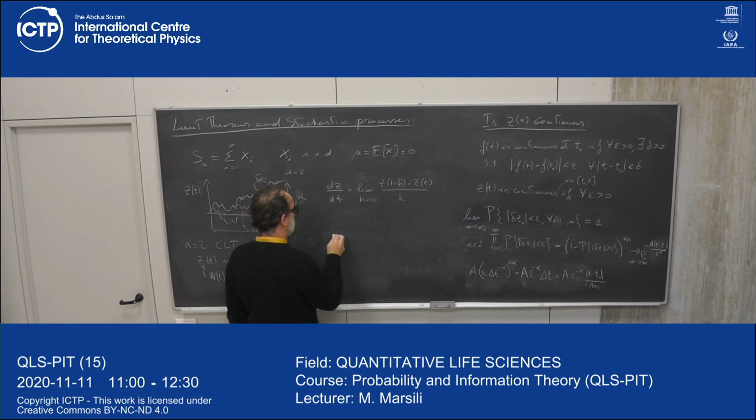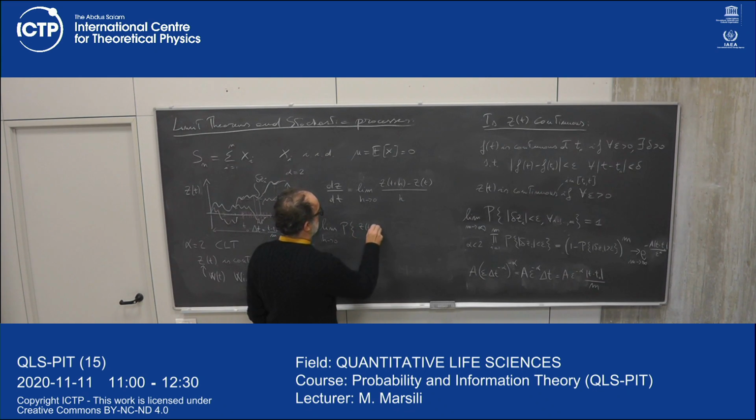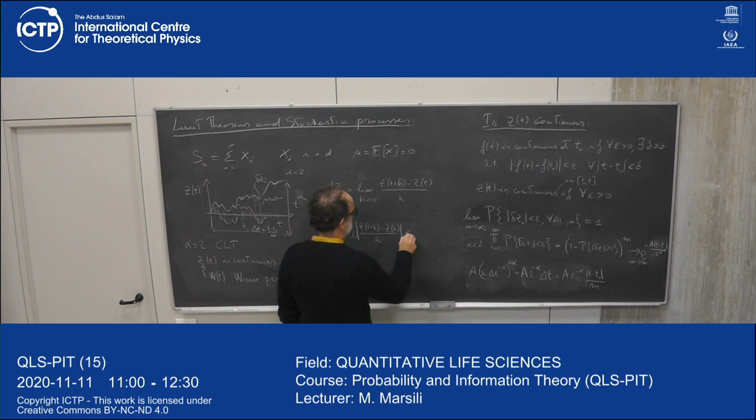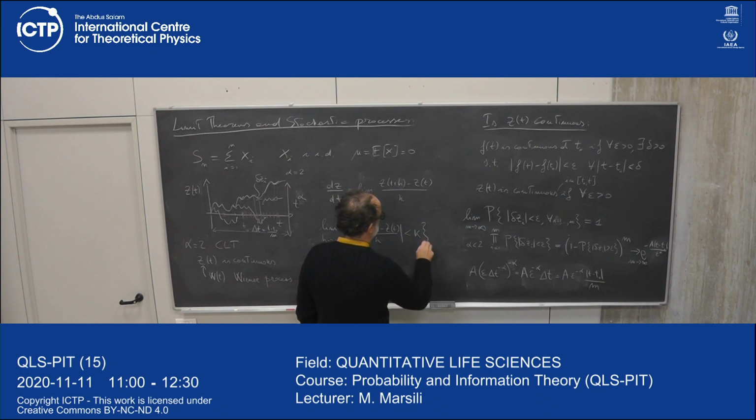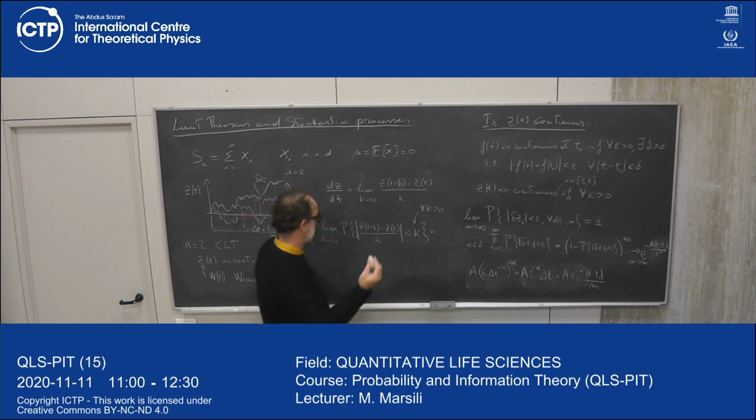So essentially you can ask this question by studying the limit as h goes to 0 of the probability that z of t plus h minus z of t divided by h, in absolute value, is less than k, for any positive k as large as you want.